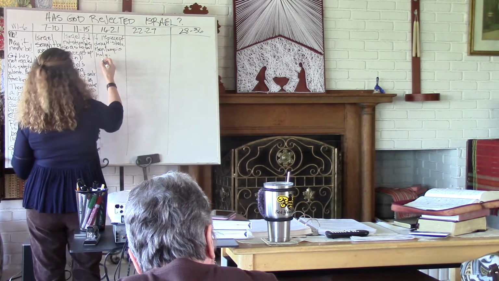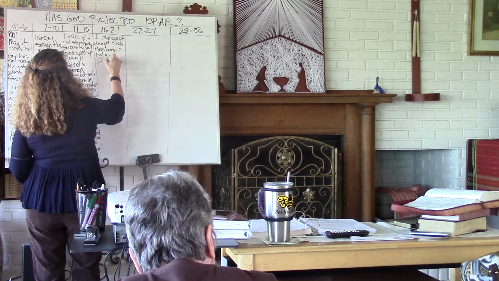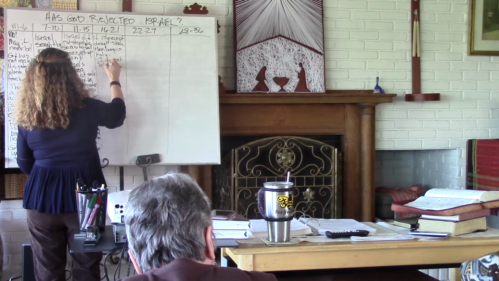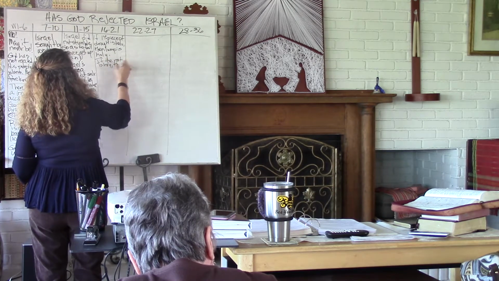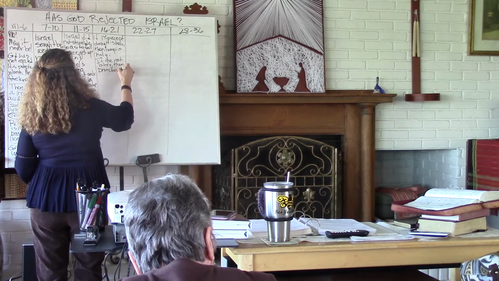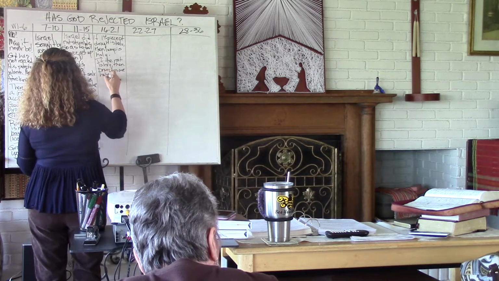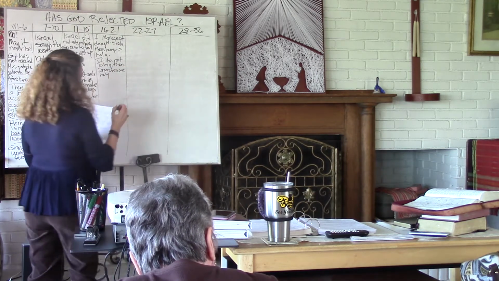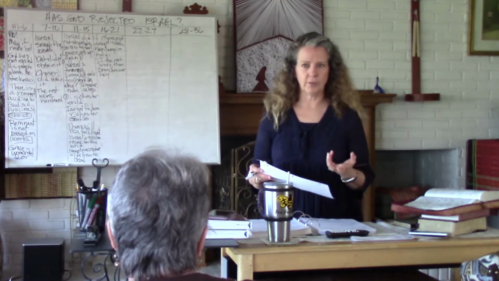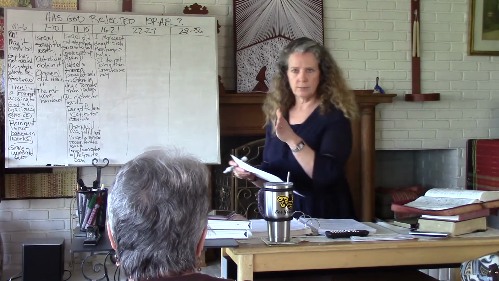And then it says, if the root is holy, then the branches are holy. The first piece in these pictures and the roots here would be those patriarchs, the beginnings, like Abraham. Abraham was that first piece, right? And then some of the others.